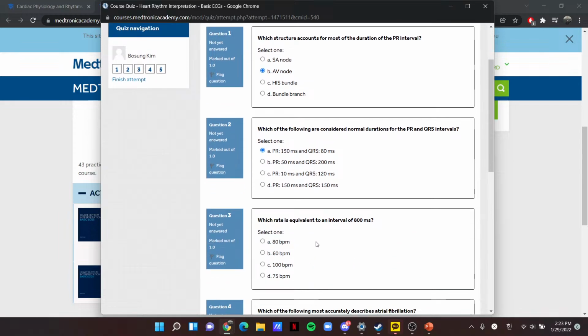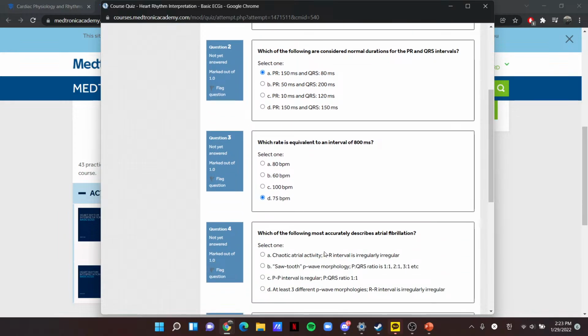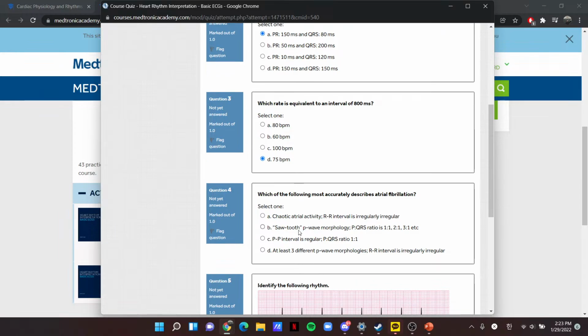Which rate is equivalent to an interval of 800 ms? 800? 60,000 divided by 800, 75. Which of the following most accurately describes atrial fibrillation?